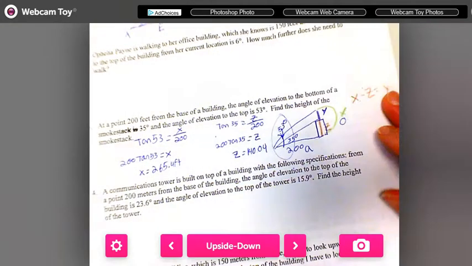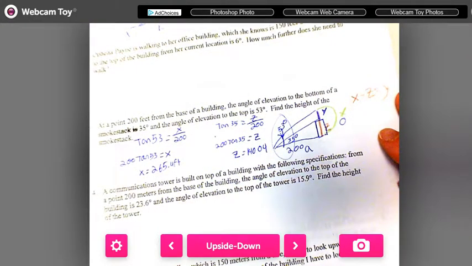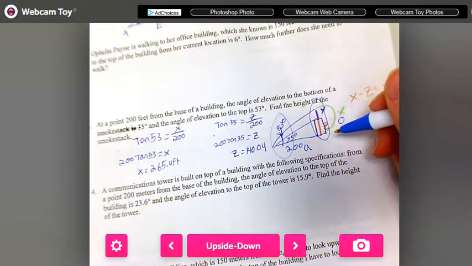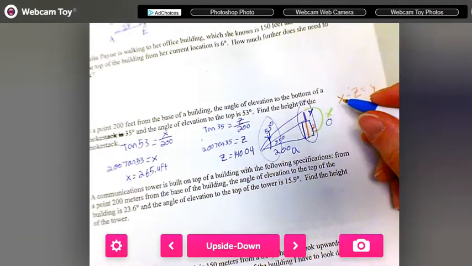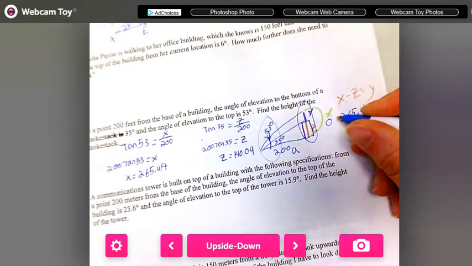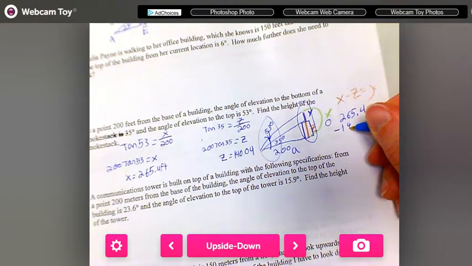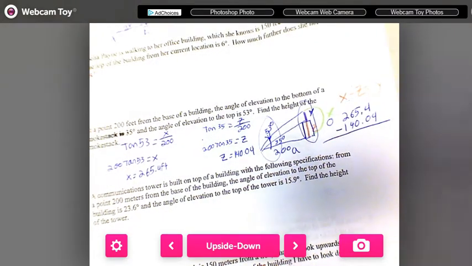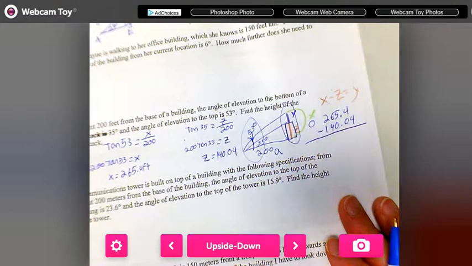Okay, now I forget. How are we going to find what the height of the smokestack is? What do we do? We add them. We've got this whole thing. What are we going to do? Subtract. Okay. So 265.4 minus 140.04 gives me, what do I get?